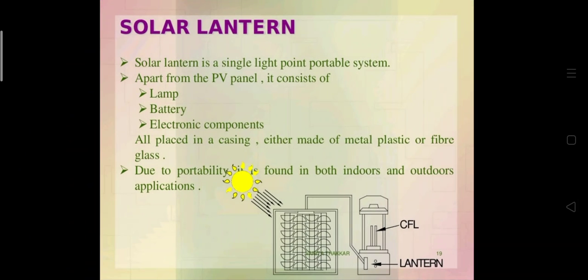Another one is a solar lantern. This solar lantern is a single light point portable system.